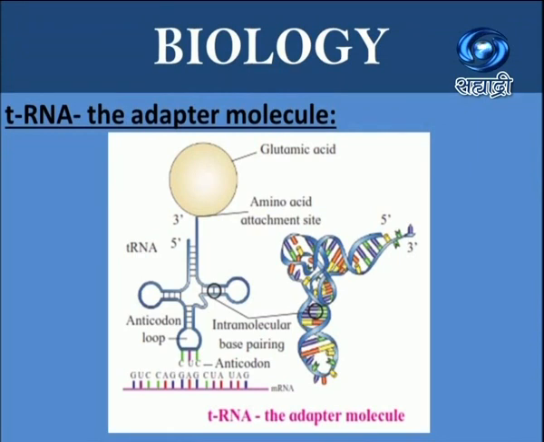This anticodon always shows nitrogen base pairing with the codon, so it also pairs with the mRNA. To one side it gets attached to the amino acid, and to another side it gets attached to the mRNA. That's why it shows similarity with the adapter which is used in electricity. So that's why tRNA is considered as an adapter.